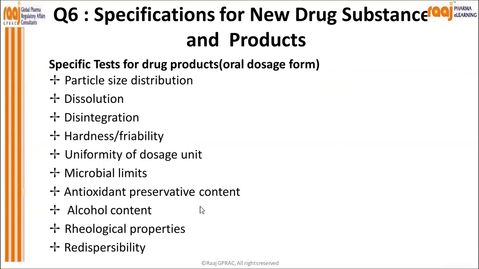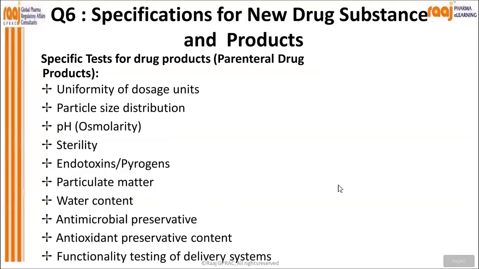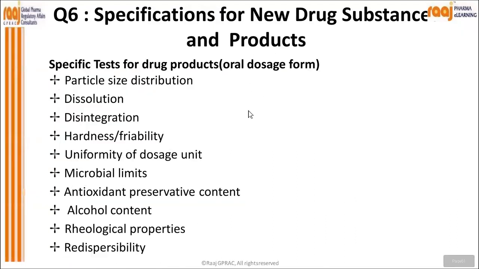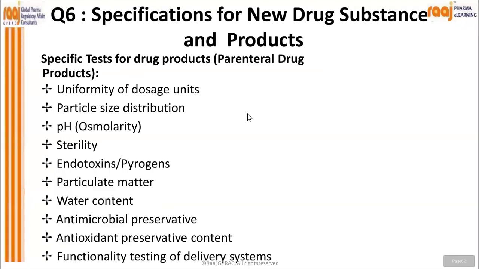And there are a couple of others, like specific tests for drug products, that is OSD, oral solid dosage: PSD, dissolution, DT, hardness, uniformity of content, microbial limit, and there are so many others. Then the specific tests for drug product, that is parenteral. We have seen the oral dosage. Now these are the parenteral.